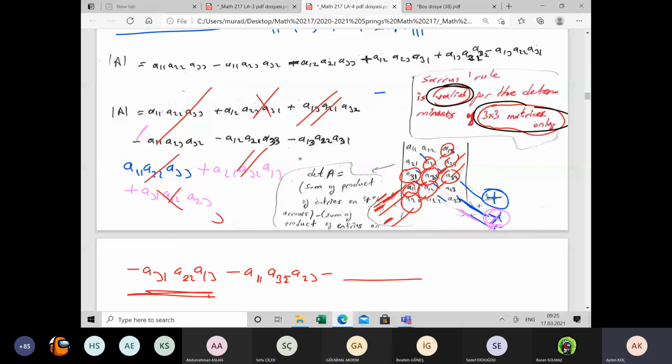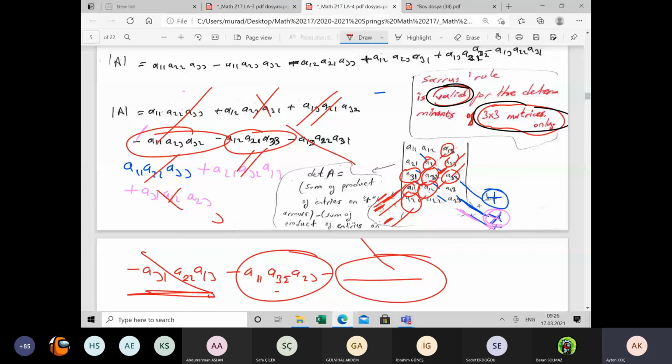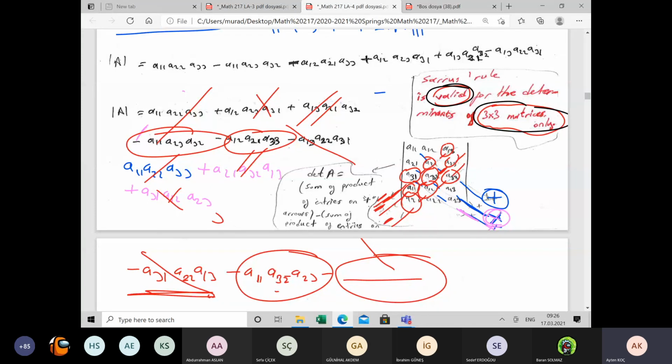And this one is this one, and also this one should be this one. So we obtain the same result: the sum of the products of all entries on the positive lines minus those on the negative lines. So we get the determinant.